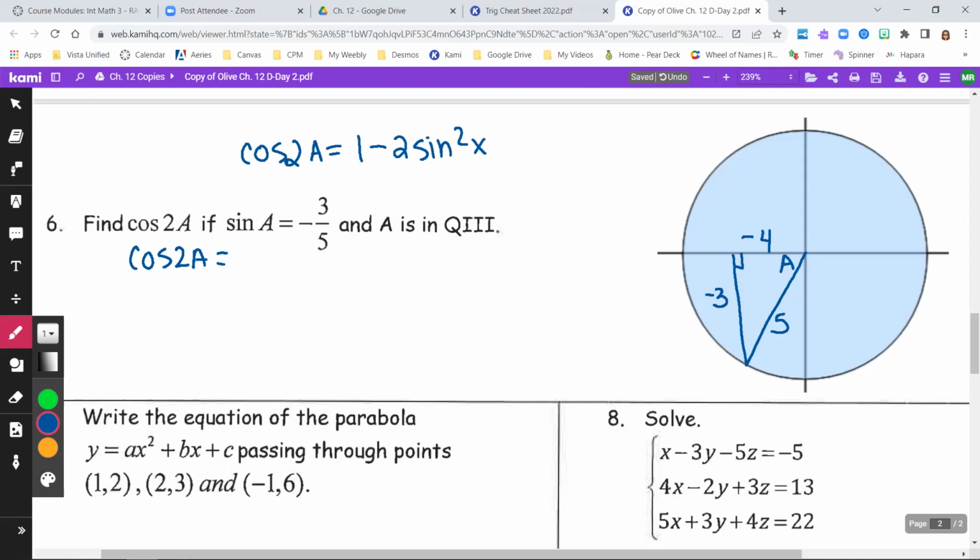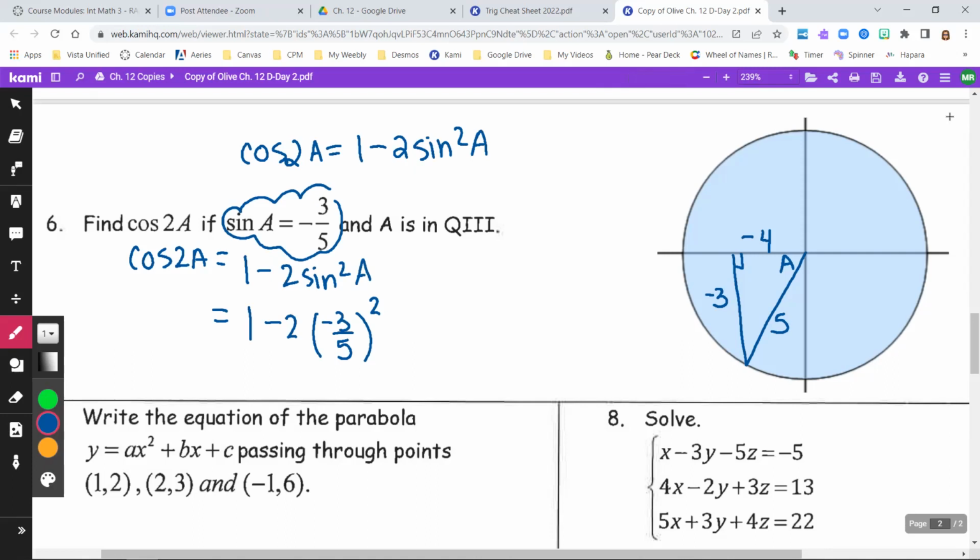If that's the one I'm doing, I really didn't have to work that out because I already knew what my sine was. So I'm going to go 1 minus 2 sine squared a. What I'm going to do is go 1 minus 2 times my sine, which is a negative 3/5, and I'm going to square that.